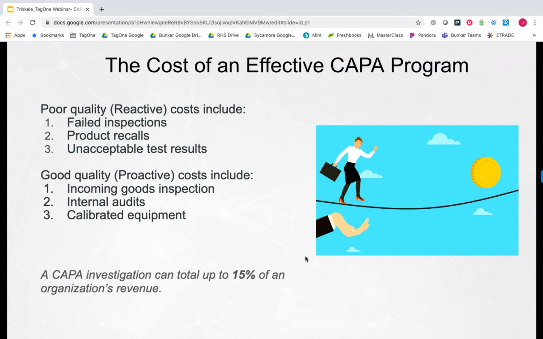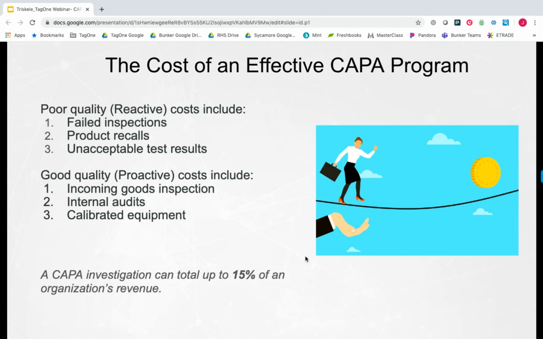So, failed inspections, if you don't have a proper procedure in place, product recalls, obviously are a huge cost to an organization. And unacceptable test results, if you don't have a solid process in place to do proper test method validation, you have some serious issues.